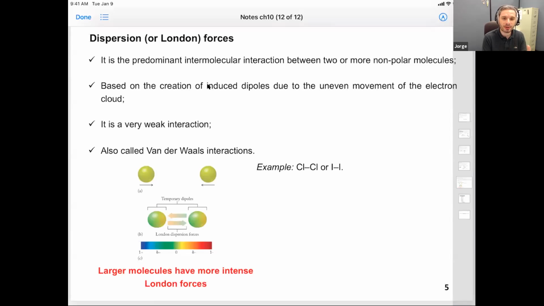It is the predominant intermolecular interaction between two or more non-polar molecules. And it is based on the creation of induced dipoles due to the uneven movement of the electron cloud. It is a very weak interaction.